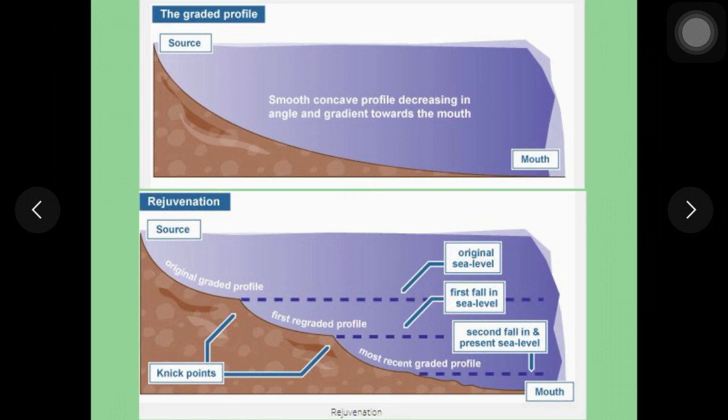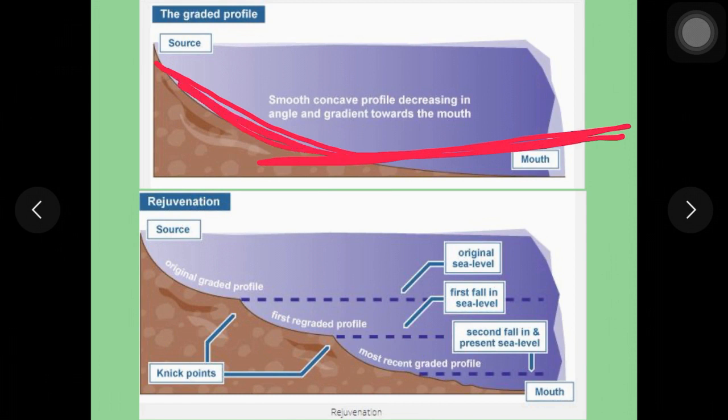Now see, for example, if there is rise in the sea level, now again the graded profile will change, something like this, and this portion will be filled up. So there will be deposition of sediments within the river's channel, and river will try to attain a new graded profile.